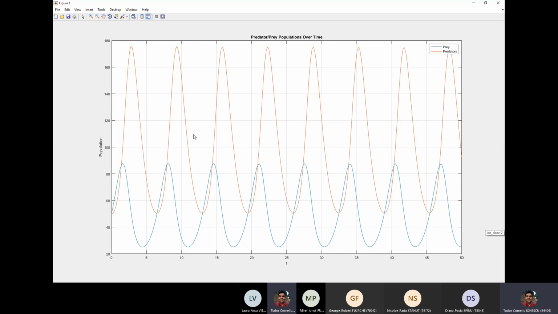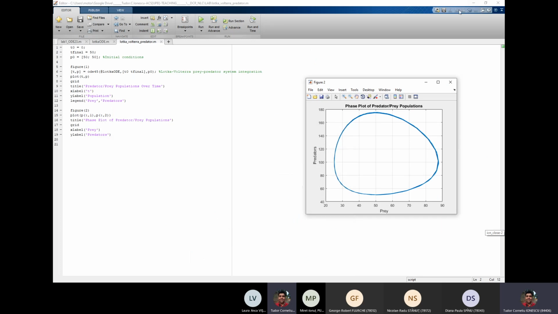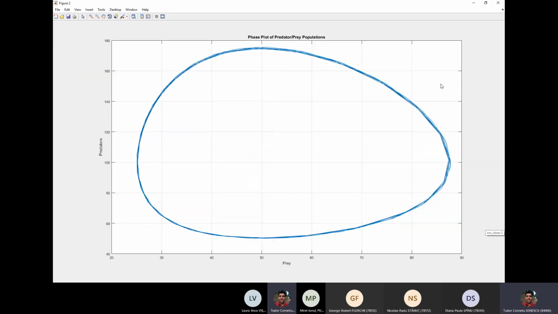But it's oscillating. You see that you start from 50 in both cases, and this is the prey, and these are the predators. It looks stable and oscillating. This is quite interesting, isn't it?